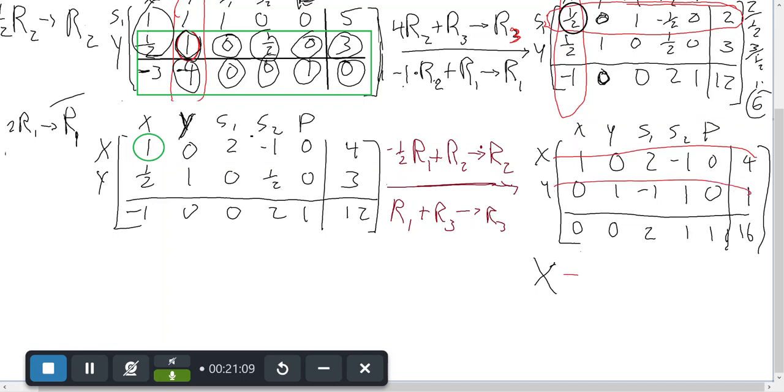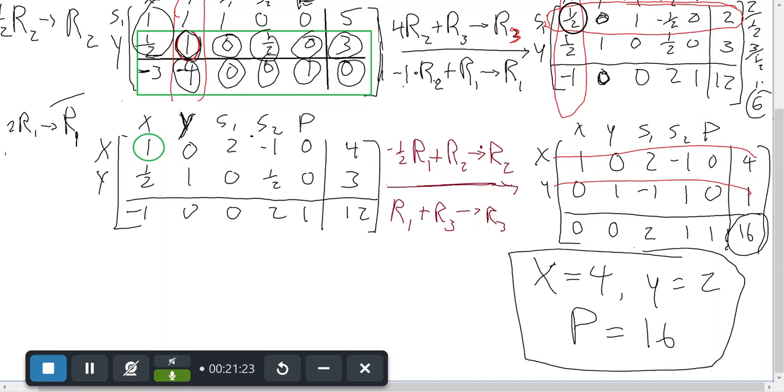And down here is where we read the value of P. P equals 16. So as before, we got X equals 4. Why did I write Y equals 2? I don't know. Y equals 1, and P equals 16.